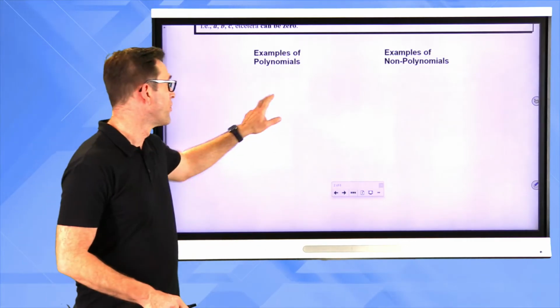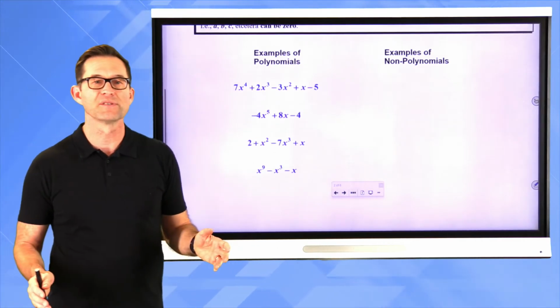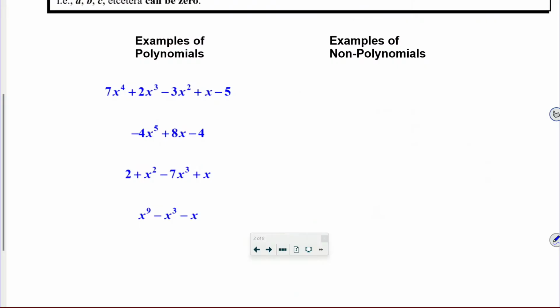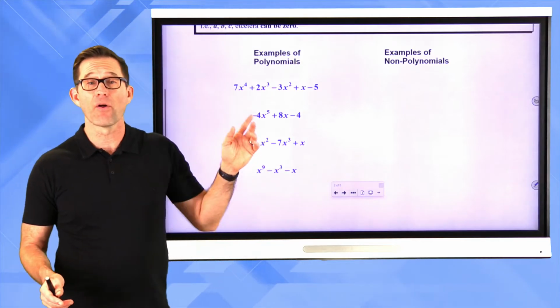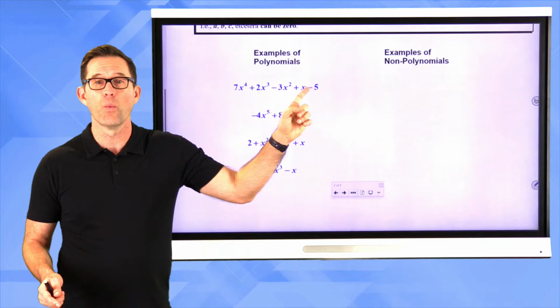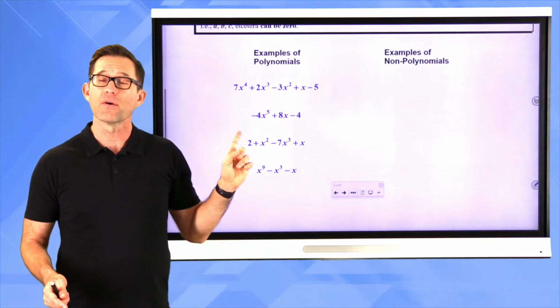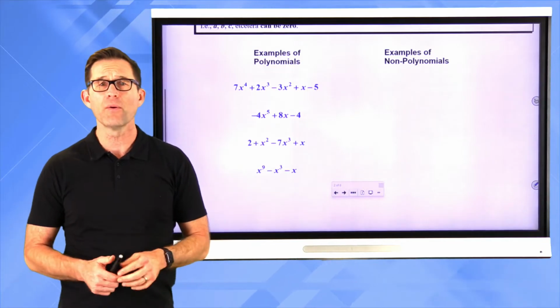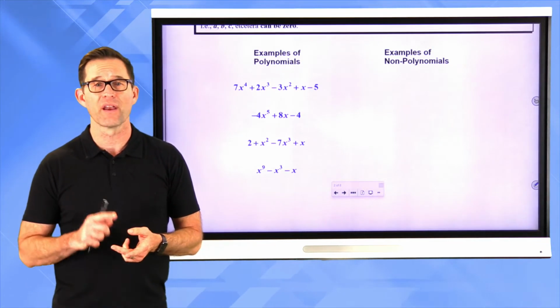Polynomials can look all over the place, so here are some examples. Here's a very straightforward one: 7x to the fourth plus 2x cubed minus 3x squared plus x minus 5. In that case, you've got all the powers represented, 4, 3, 2, 1, and then a constant. In the second one, negative 4x to the fifth plus 8x minus 4, that's still a polynomial, even though we don't have an x to the third and an x squared.